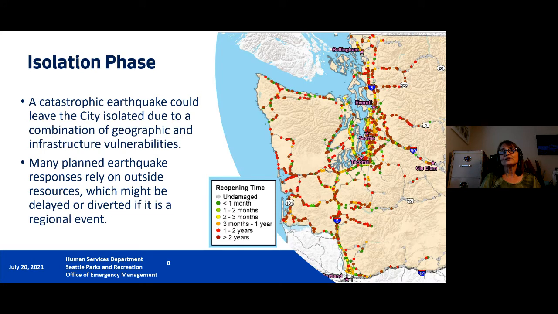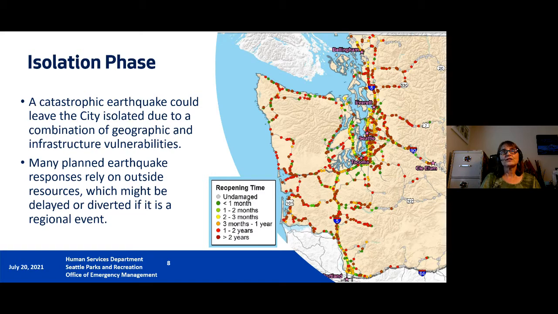What we're also looking at is isolation, both within the city and the region. So the isolation map on the right was produced as part of the Regional Resiliency Assessment Program, a 2019 collaboration between the Department of Homeland Security, Washington State Emergency Management Division, and the Washington Department of Transportation.